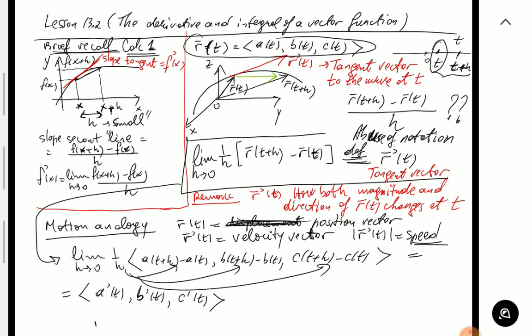So in short, r prime of t is a prime of t, b prime of t, c prime of t. Again, you need all these three to exist for this to make sense. All right, so with that in mind, we can go over a couple of examples already, and let's stay tuned for the next page.